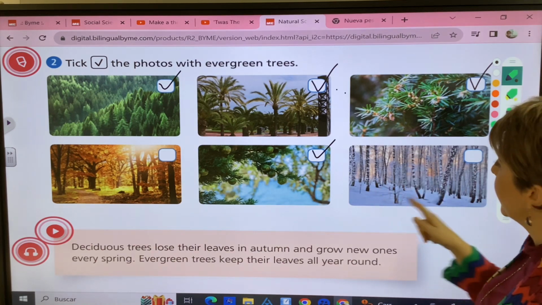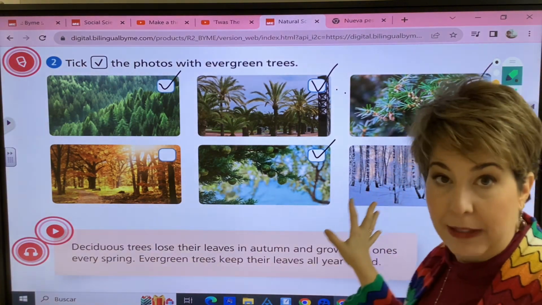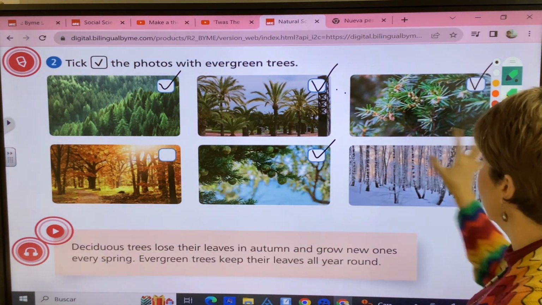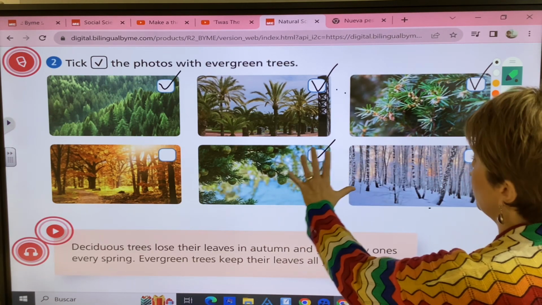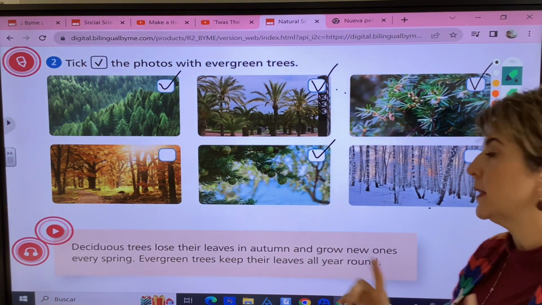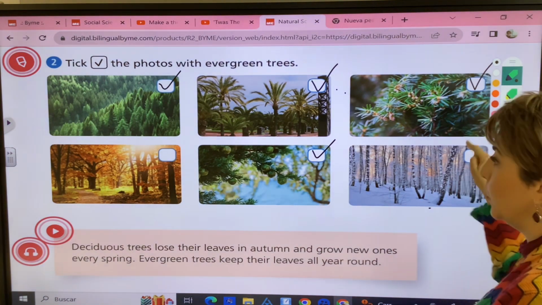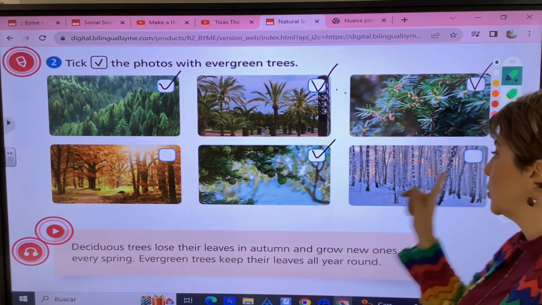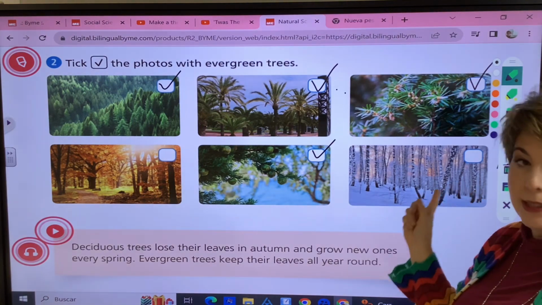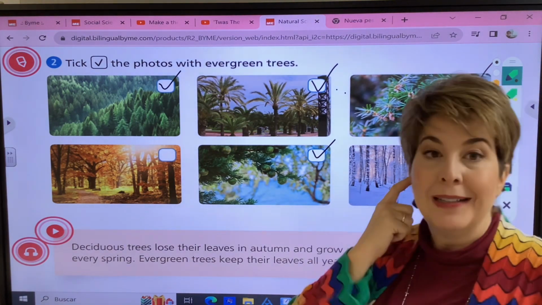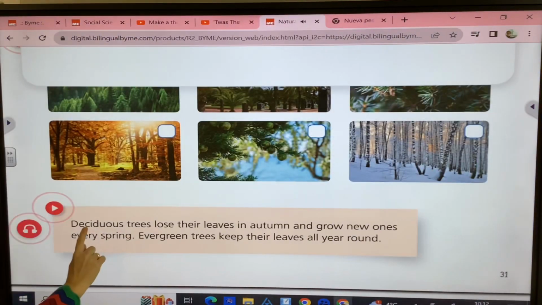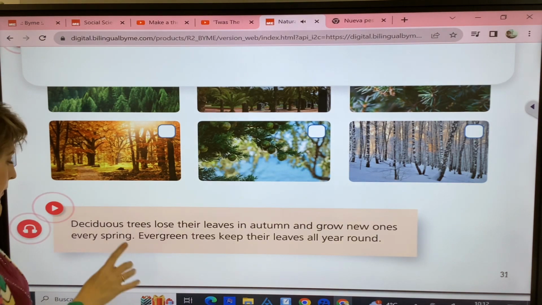And look at these trees. Do they have leaves? No. These trees, they don't have leaves, and you can see it's winter and it's snowy. So do we take it? No, because these trees are deciduous. Listen to the theory. Deciduous and evergreen trees.